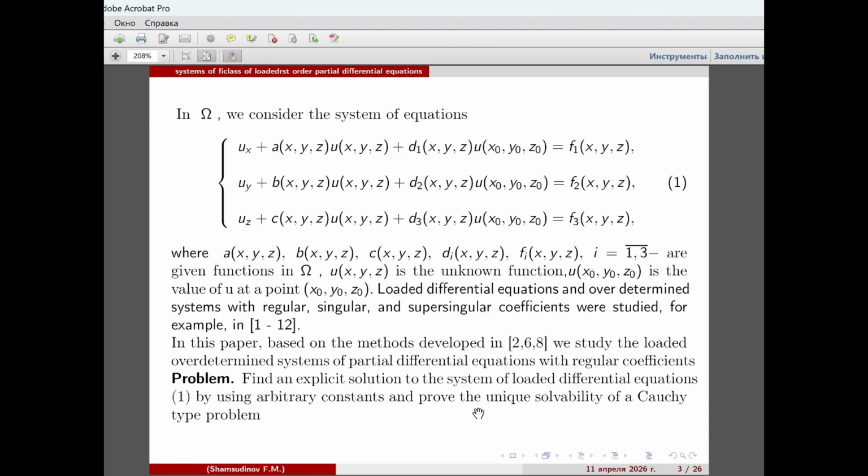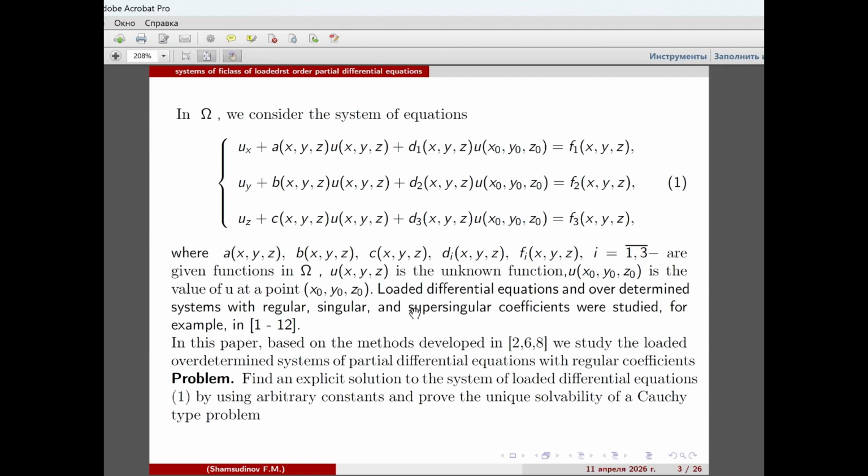U(x,y,z) is the unknown function. U(x0,y0,z0) is the value of u at the point (x0,y0,z0).